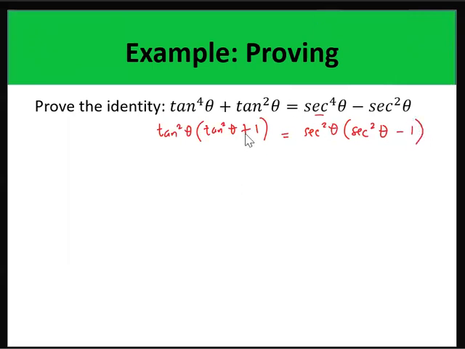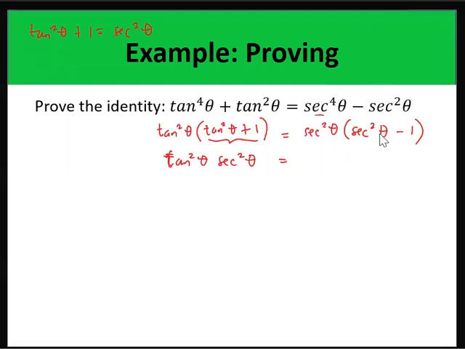Now from the Pythagorean identities, we know that tangent square theta plus 1 is equal to secant square theta, so this can be replaced by secant square theta. The left side becomes tangent square theta times secant square theta.